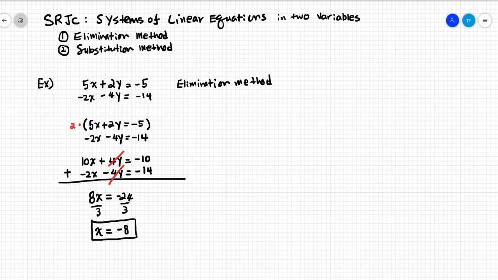So I'm going to do that on the first row. You've got 5 times x, which is negative 8, plus 2y equals minus 5. So you've got minus 40 plus 2y equals minus 5.